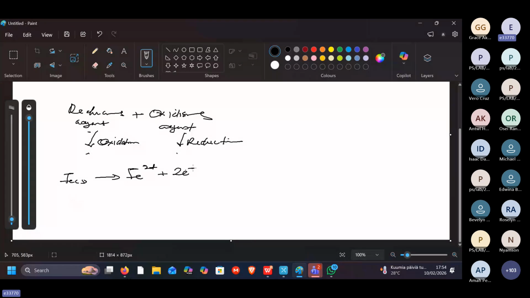Is it going through oxidation or reduction? Fe is 0, that is solid, so the oxidation state here is 0. And here the oxidation state is +2. So what is that process?